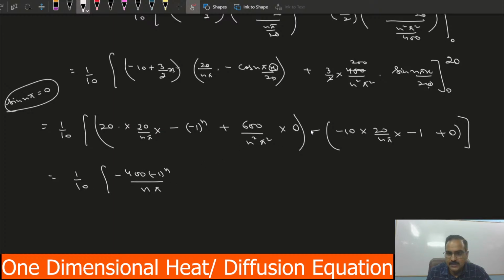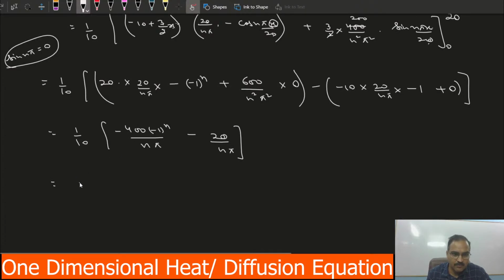This part is 0, minus and minus plus and minus minus 20 over n pi. Okay. So just taking the value of 20 over n pi, minus 1 by 10 into 20 over n pi as common. So it will be again 20 into minus 1 raised to n plus 1.